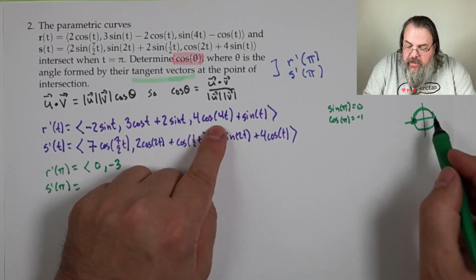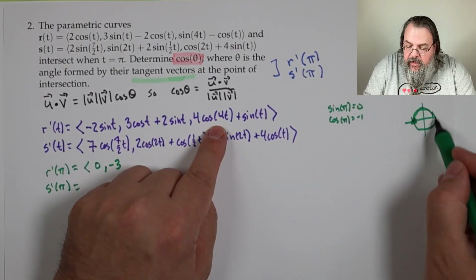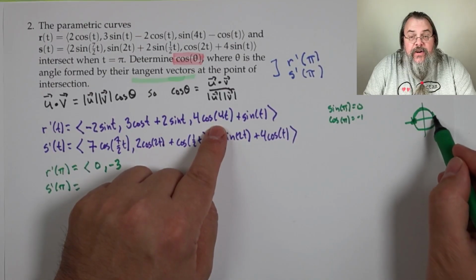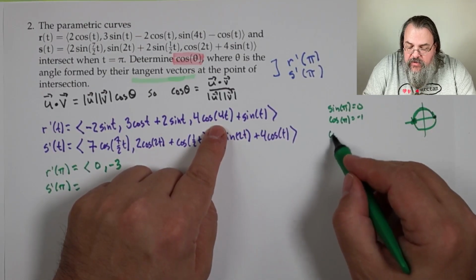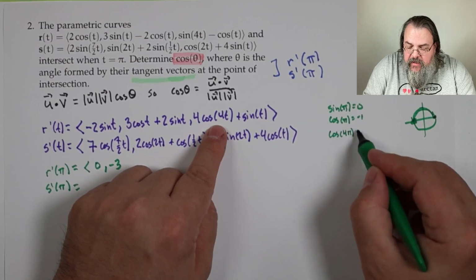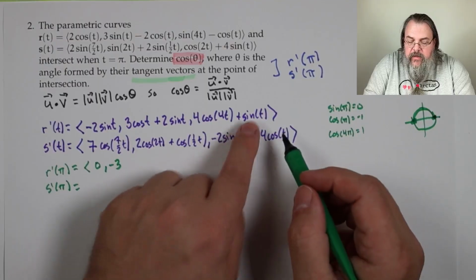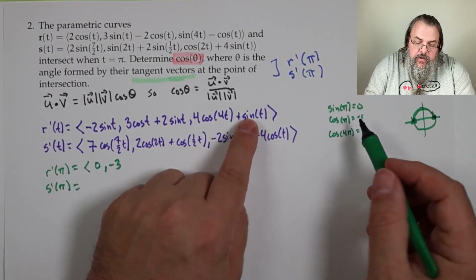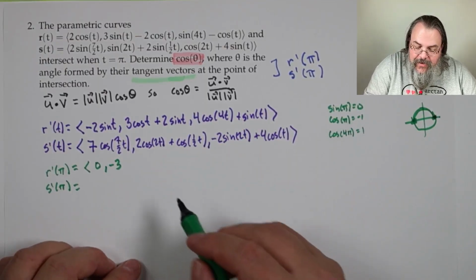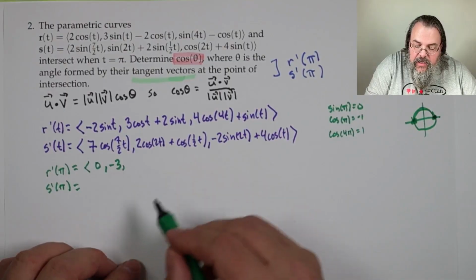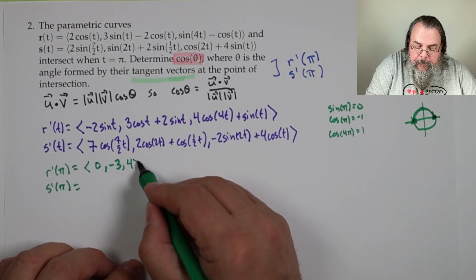And 4 pi. So 4 pi will go around the circle and be back where you started. So cosine of 4 pi is 1 because you're back over here. Okay, and then sine of pi, well, it's still 0. Okay, so 0 minus 3, and then we're going to be at 4.